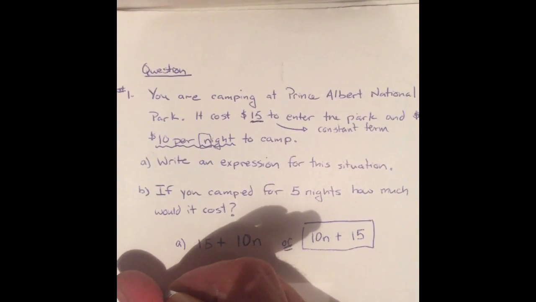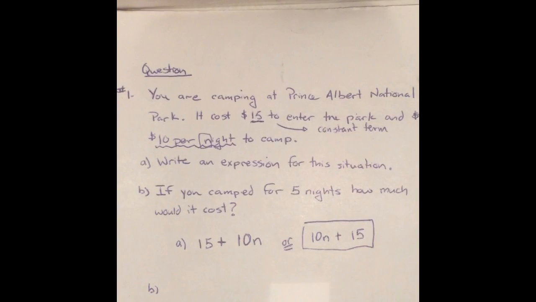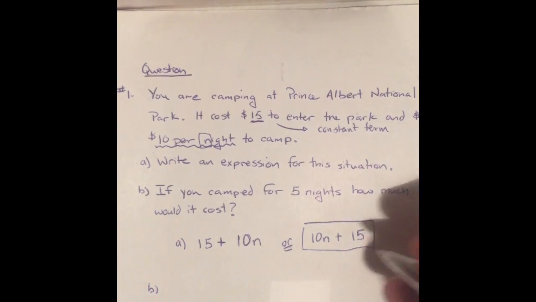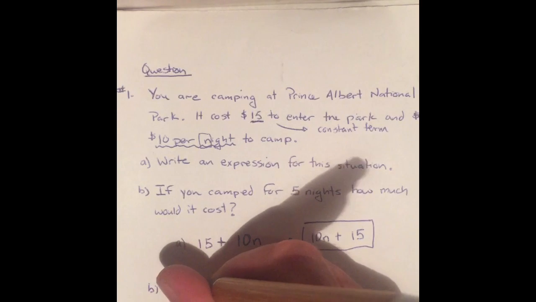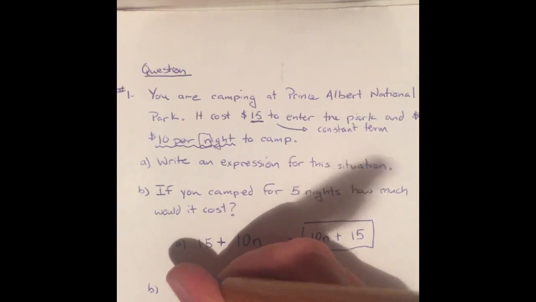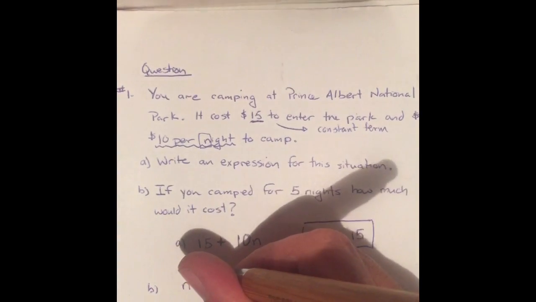Part B asks us, if you camp for 5 nights, how much would it cost? So, we know that the number of nights we're going to stay, which is known as n, is going to be 5.